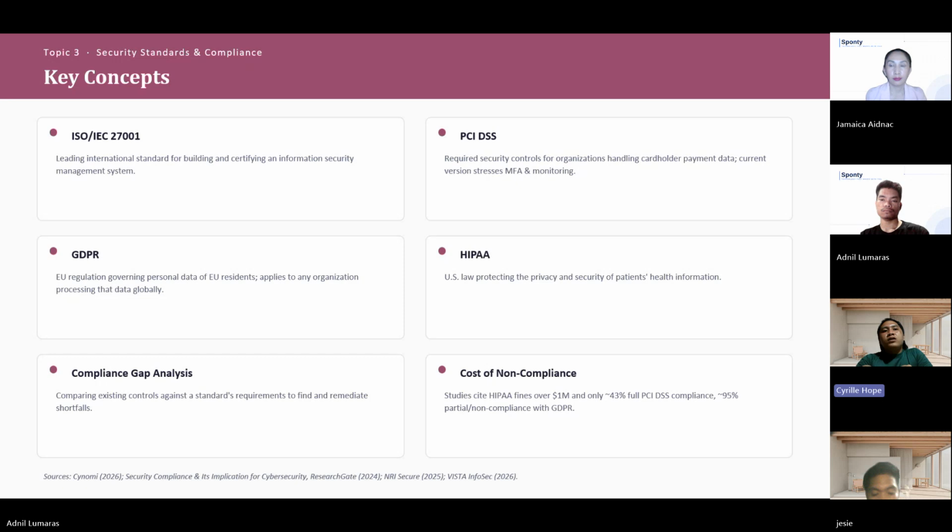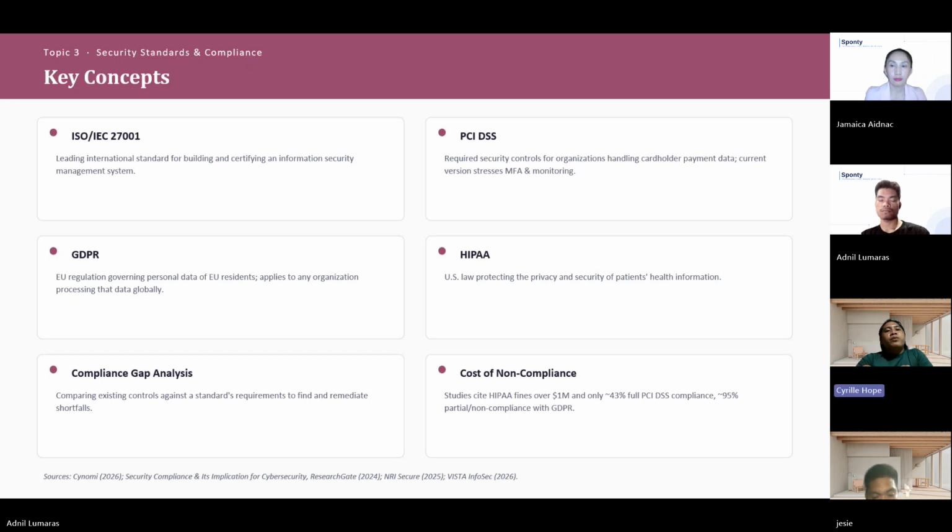An organization that achieved compliance two years ago may find itself out of alignment today, not because its own practices slipped, but because the bar itself moved. This is part of why compliance teams describe their work as a continuous program rather than a project with a finish line.